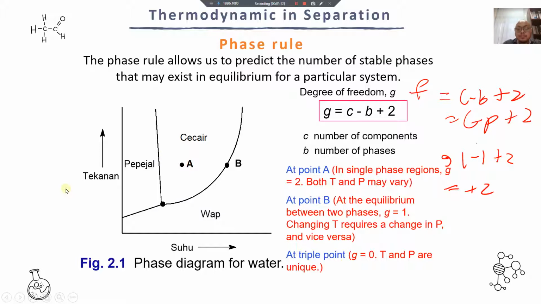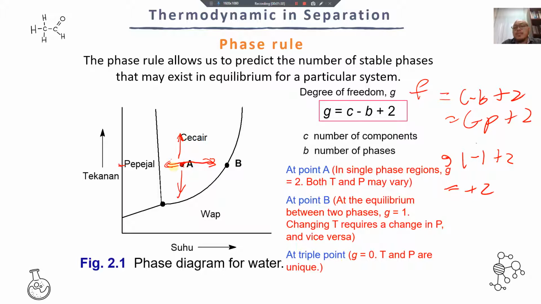For example, at A, at a given pressure, you can play around with the temperature. Or at A, you can fix the temperature and play around with the pressure. So how many variables can you play around with? You can play around with two variables.